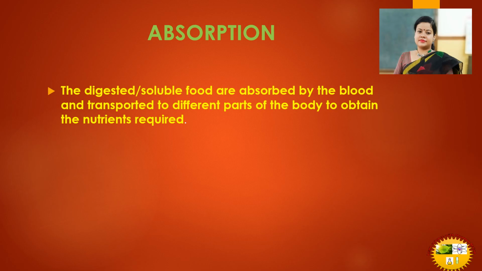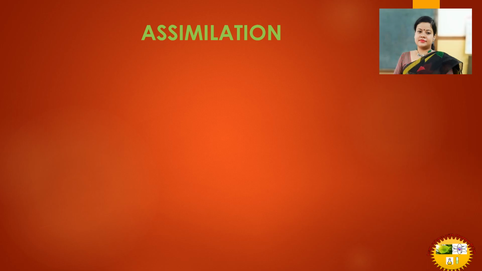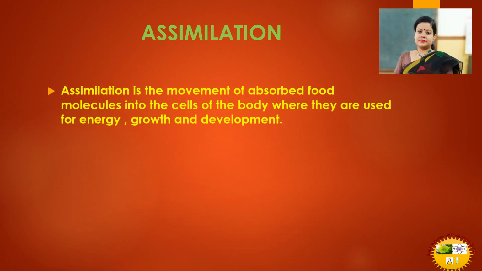Now the digested food is absorbed by different parts of the body so that it can utilize the food and gain energy from it. So the next step is assimilation.